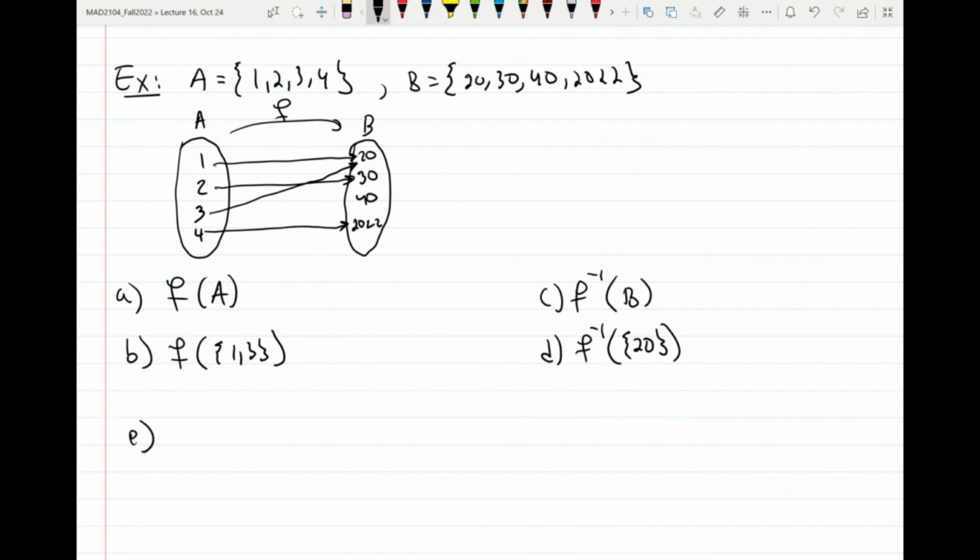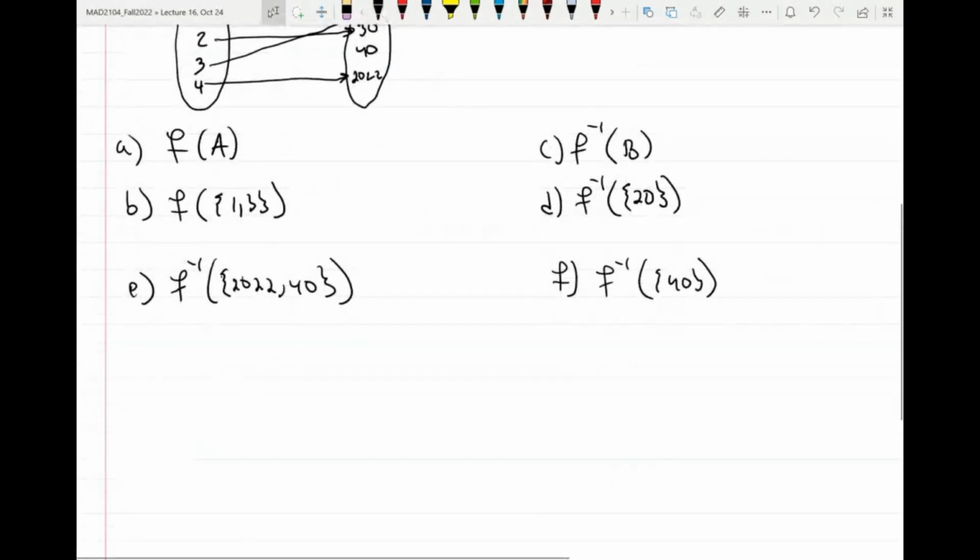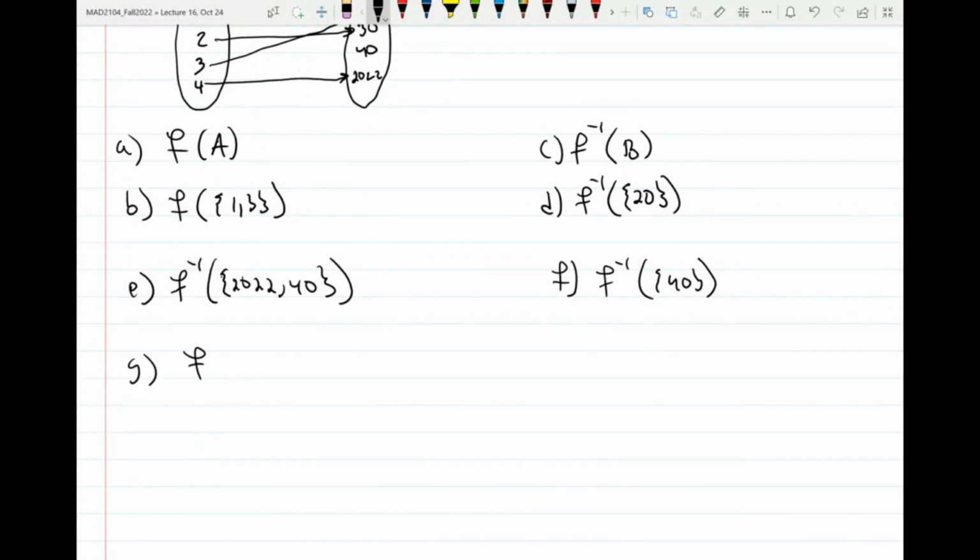Then E, let's do the inverse image of {20, 22, 40}. And F, let's do the inverse image of 40. And of course, this question cannot be missed. It has to be here.